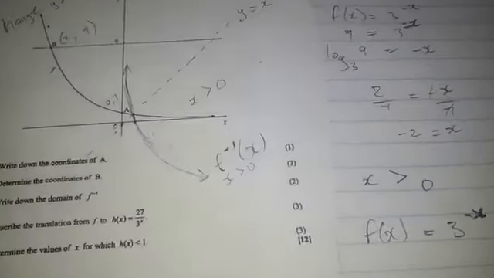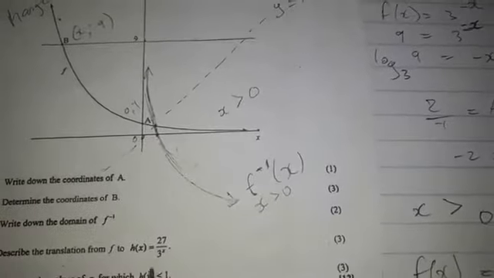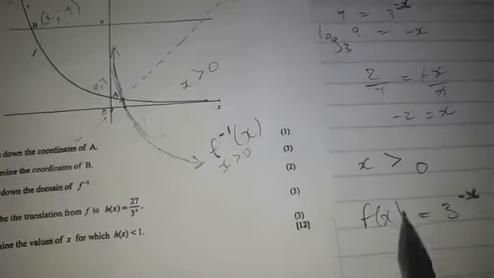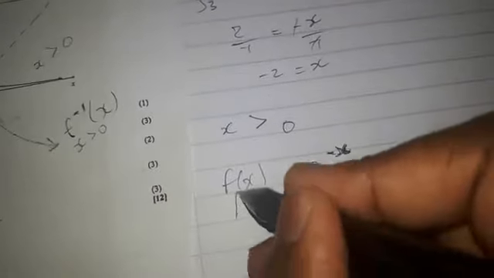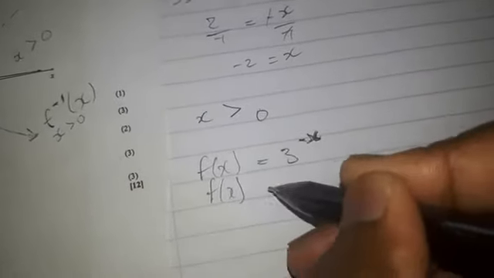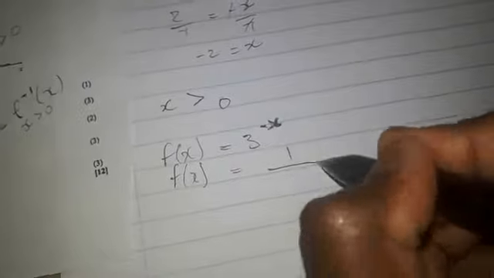Now technically what you want to think to yourself is, okay, how do you go from this to that? The first thing to do is, let's try and rewrite this. f of x, because it has a negative exponent, is exactly the same as 1 over 3 to the power of x.